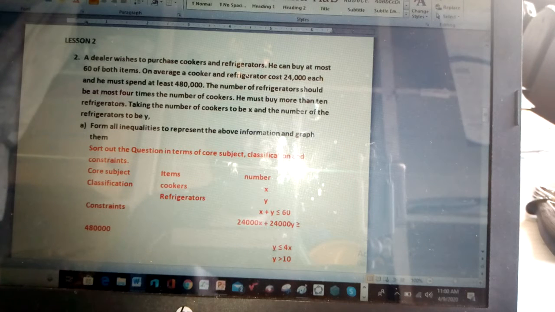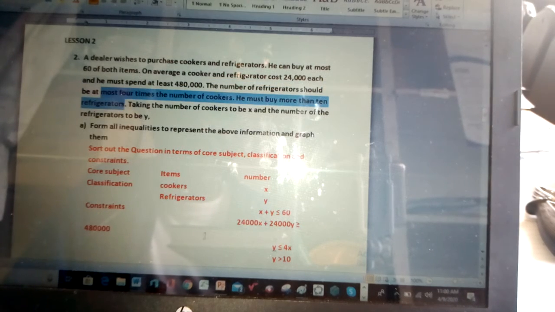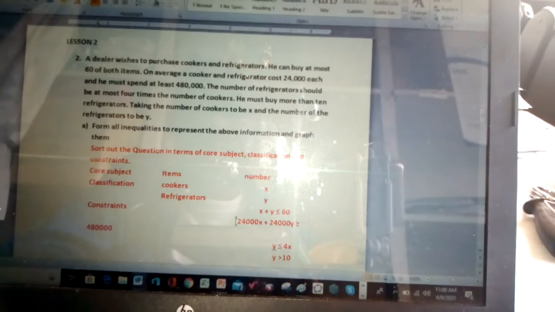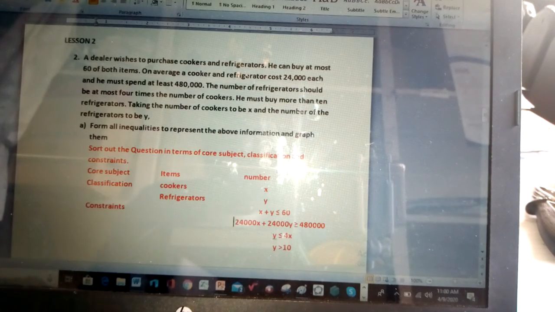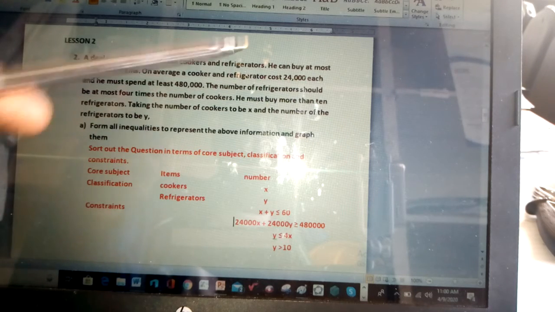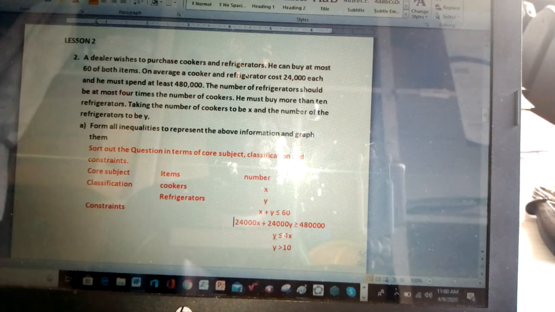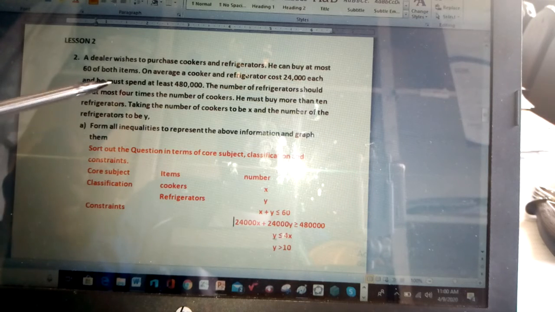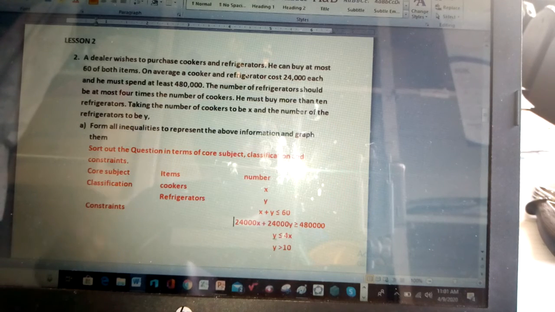Okay? Then we are told that each cooker and each refrigerator is 24,000, and he must spend at least 480,000.